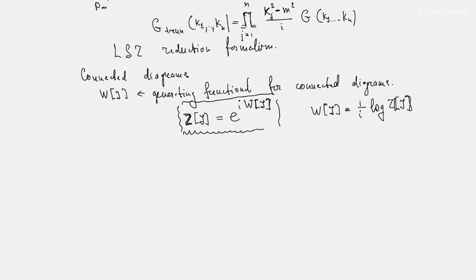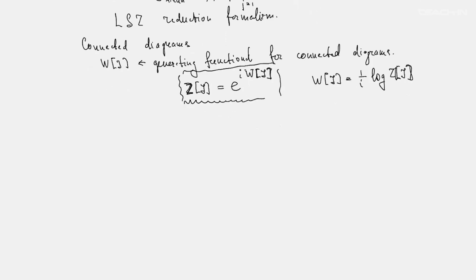And that's why having this formula means that we can completely shift our focus to considering just the generating functional for connected diagrams, and therefore only connected diagrams, because they generate the whole set of diagrams. Now, in momentum space, the Green's functions are defined just by taking the standard Fourier transform.